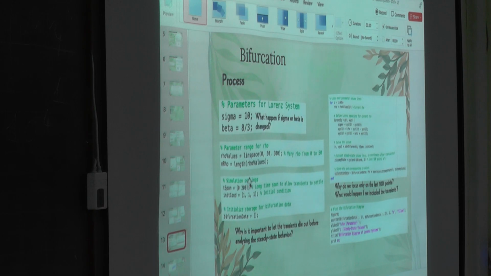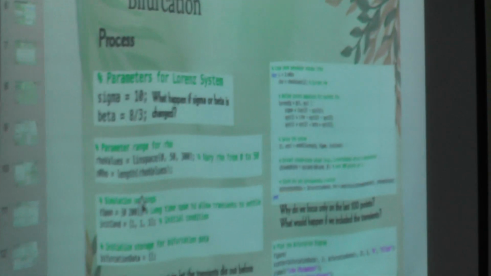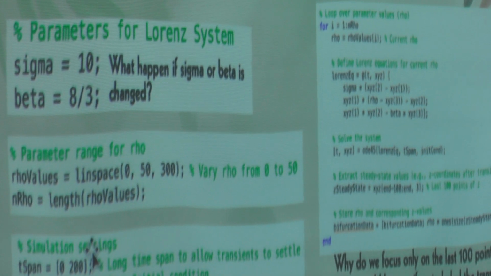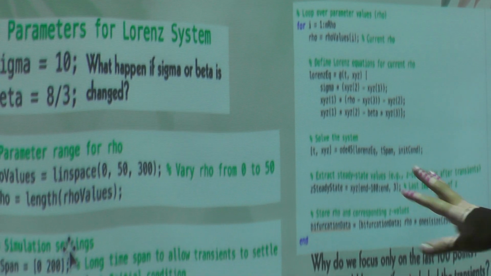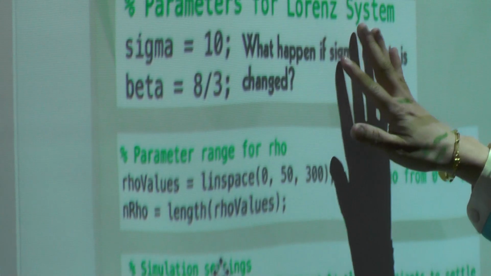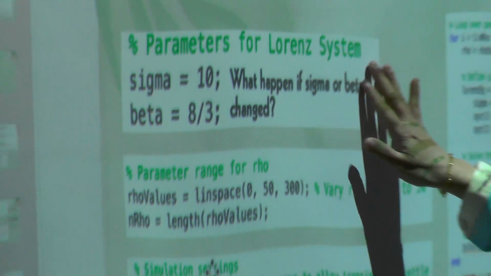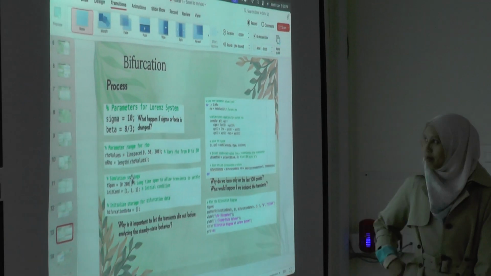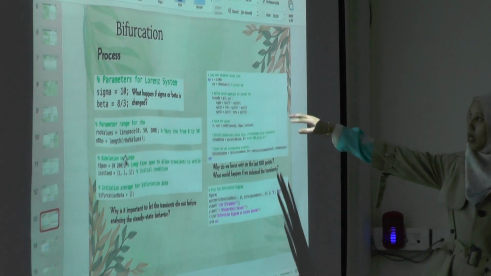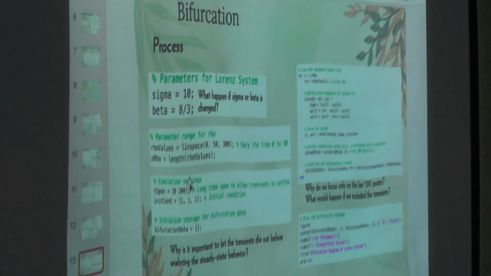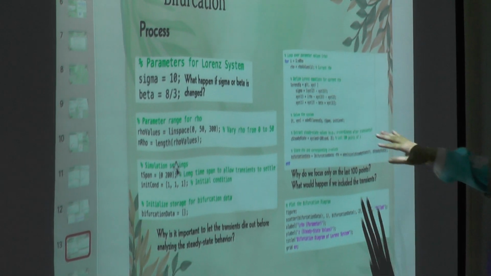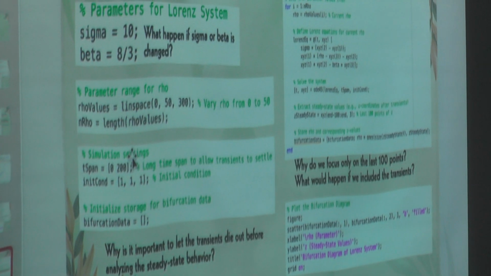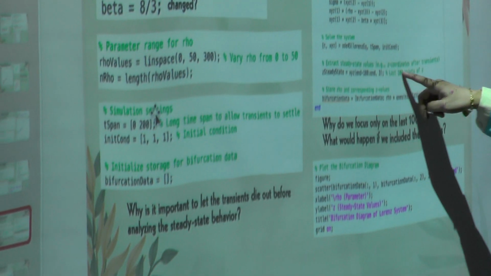Okay, so bifurcation. Now we talk about bifurcation. For bifurcation, of course, we have our parameters, and then we set up our system, and then we loop the bifurcation process, and we solve it, and then we extract the values of all the coordinates.